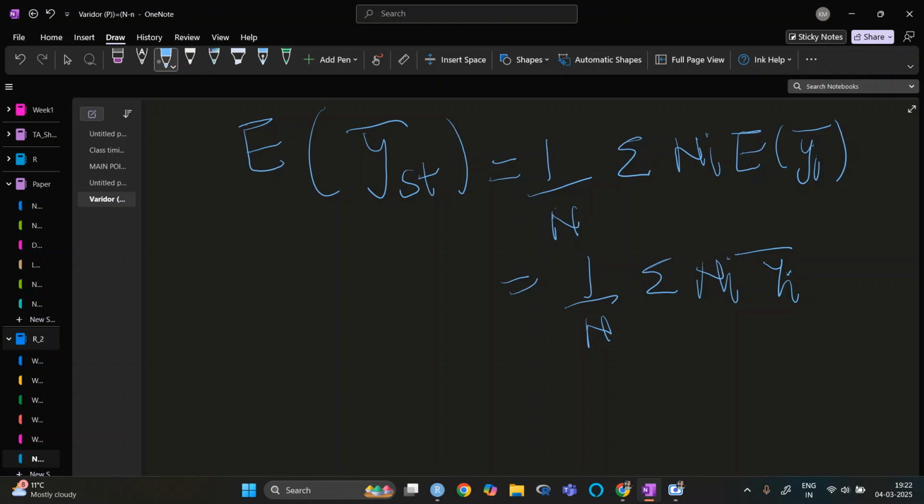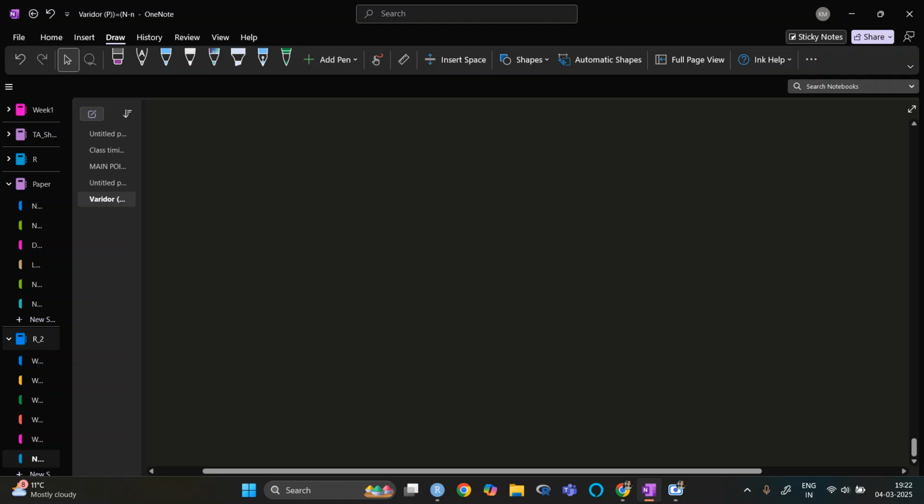So this will be capital Y bar, which is the unbiased estimator.